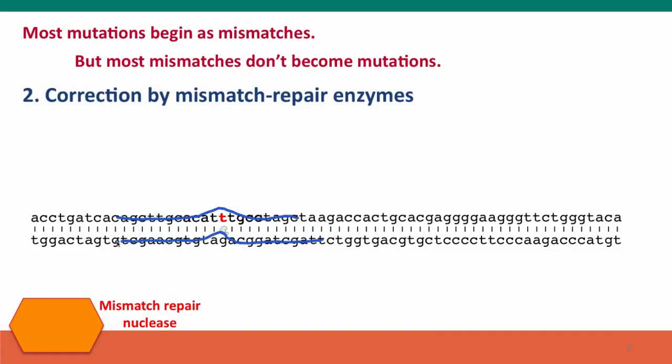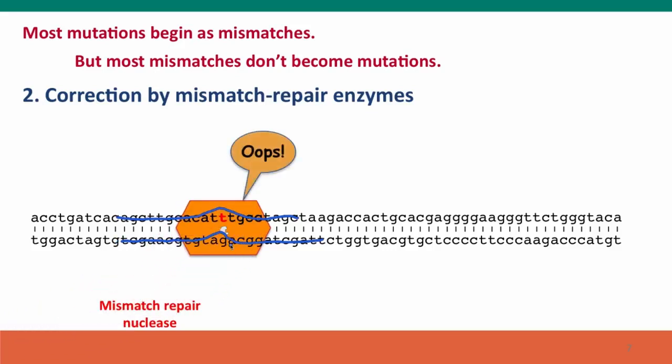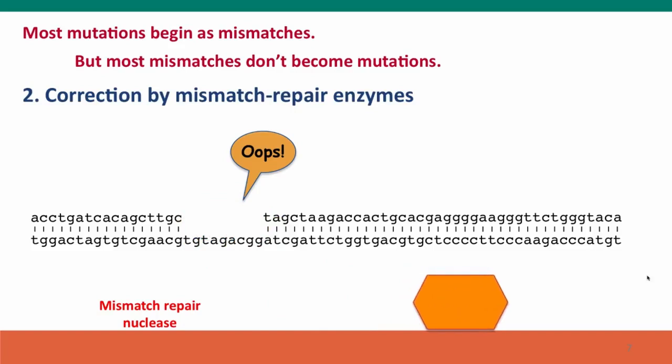And mismatch repair enzymes travel along the DNA, feeling the shape of the DNA. And when they encounter a place where the shape of the DNA is wrong, they initiate a repair process. And what they do is they cut out the damaged section, the wrong base, and some bases around it. And then they leave the DNA.